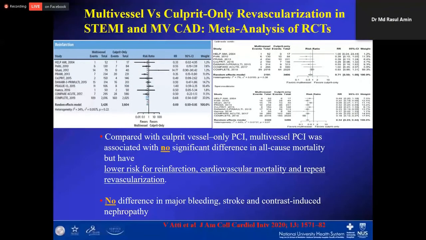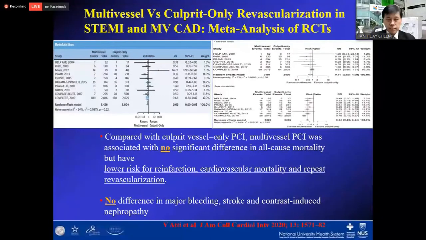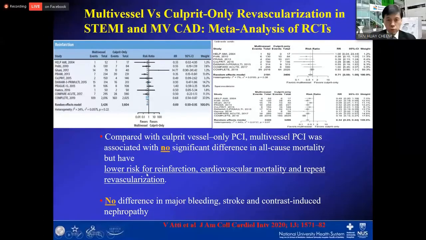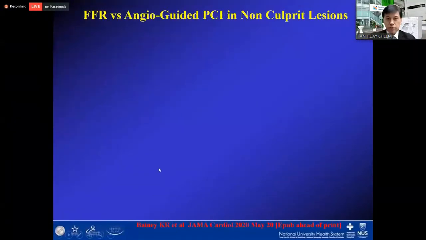If I were to combine all these latest randomized control trials into a meta-analysis, we can now clearly see that multivessel PCI in patients with STEMI lowers the risk of reinfarction, lowers cardiovascular mortality, and lowers repeat revascularization, but no difference in major bleeding, stroke, and contrast-induced nephropathy. So there's an advantage in doing multivessel PCI.